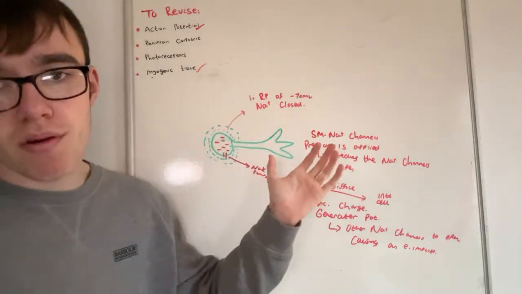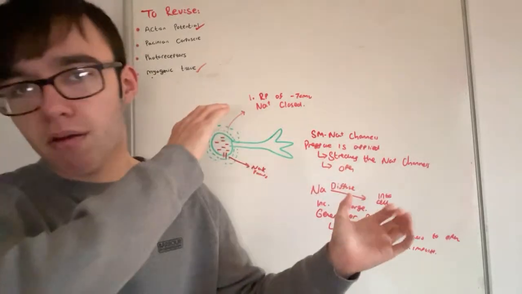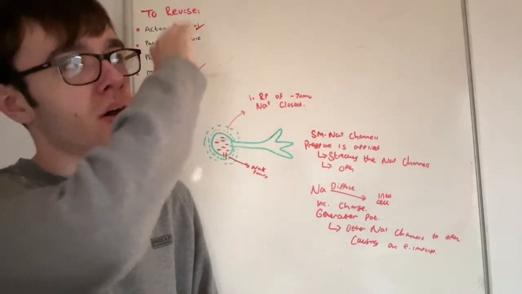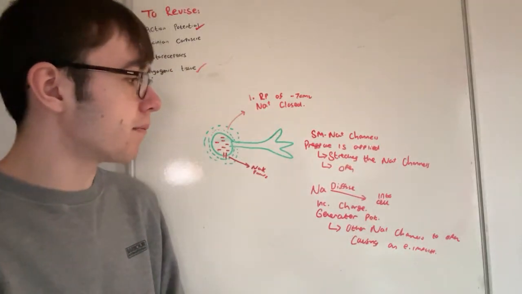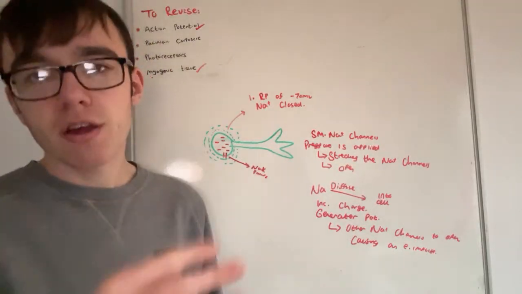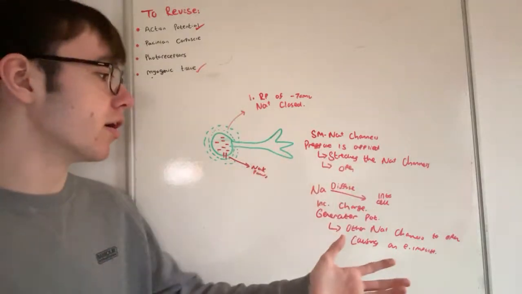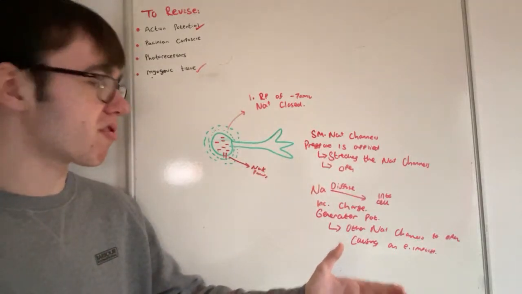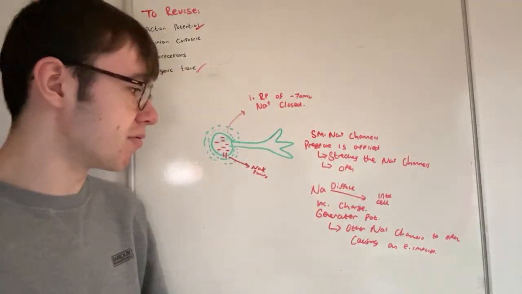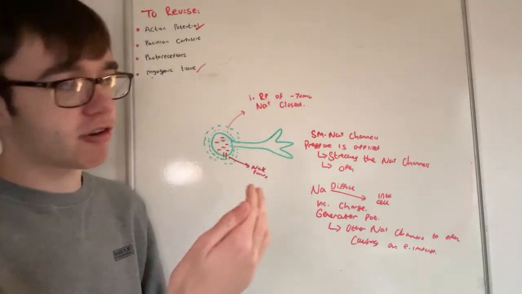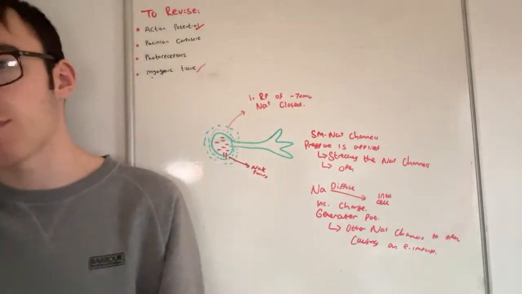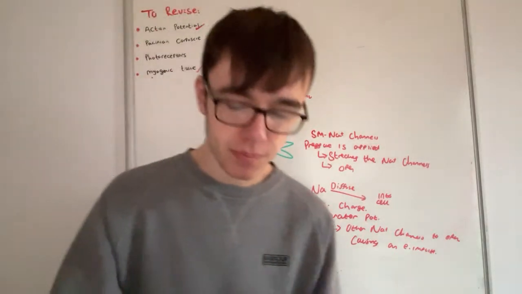This causes them to open, which allows sodium from outside the cell to diffuse into the cell, which will increase the charge and create a generator potential, opening up other sodium ion channels, allowing more sodium to diffuse in, and causing an electrical impulse, which will travel down the axon.